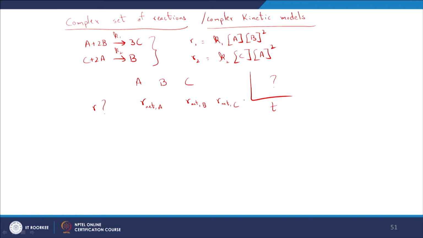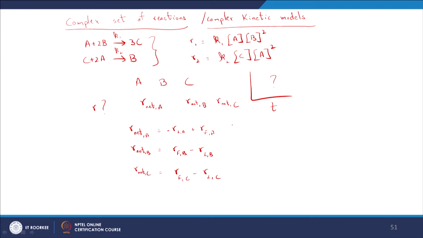First I am going to express them in terms of the rate of formation and the rate of loss. R net of A is the rate of formation of A minus the rate of loss of A. R net of B will be the rate of formation of B minus the rate of loss of B, and R net of C will be the rate of formation of C minus the rate of loss of C.